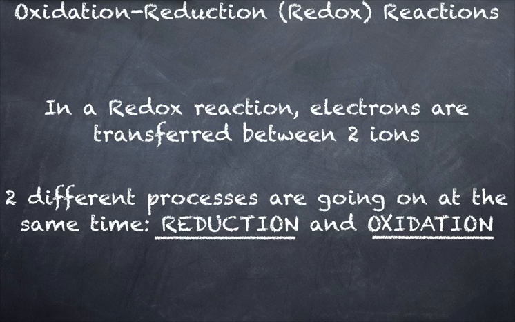There's the process of reduction and the process of oxidation. It was called oxidation because the first redox reactions were dealing with oxygen. When oxygen made iron rust or silver tarnish, that was an oxidation reduction reaction, and so it was named oxidation after that.